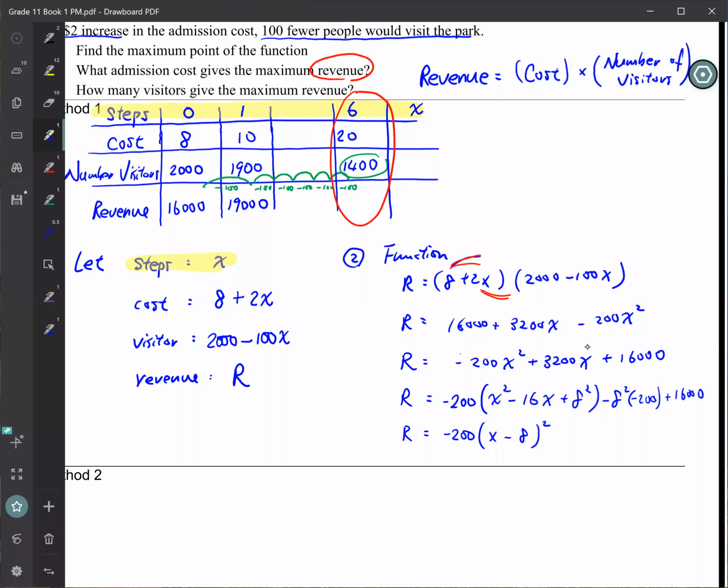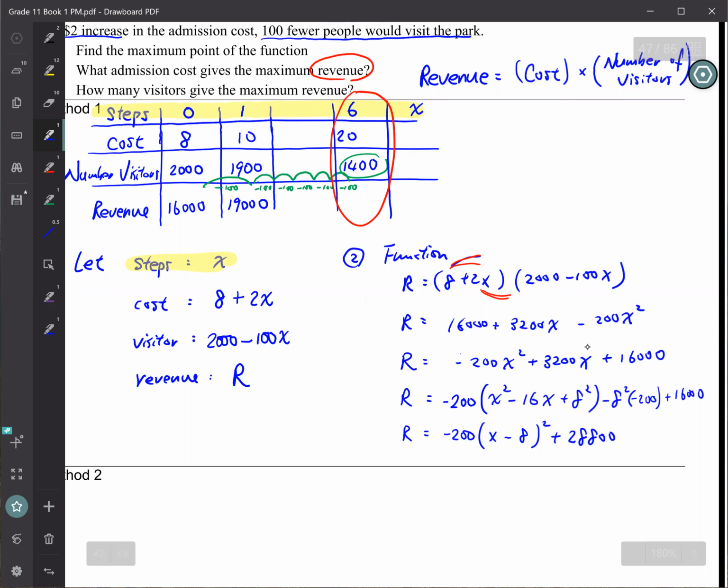Okay, let me know when you got it. I'm not sure if it's right, but I got 28,800. Positive or negative? Positive. 28,800. Okay, thank you.